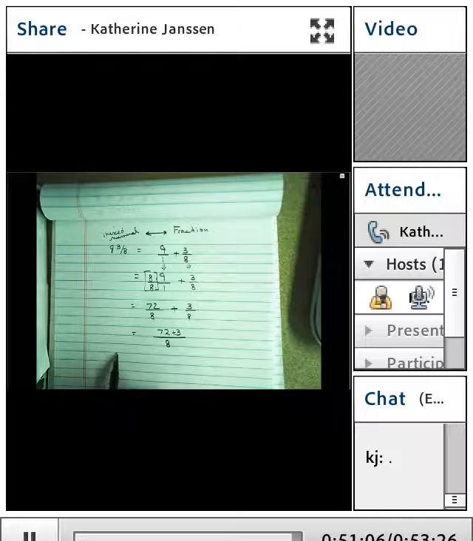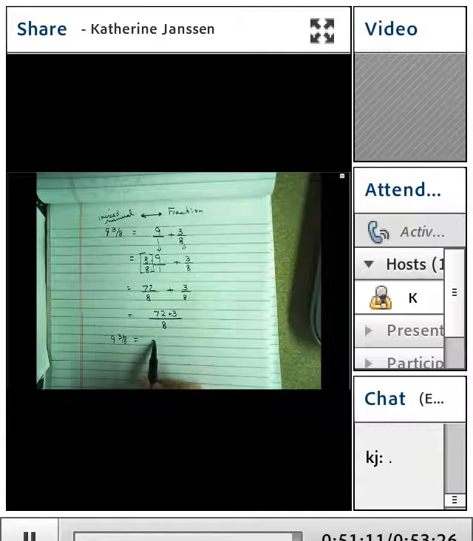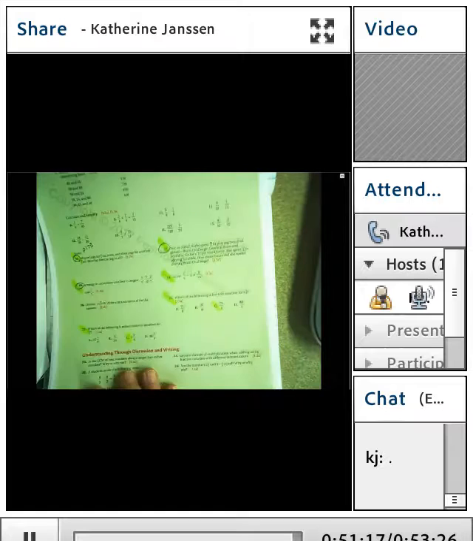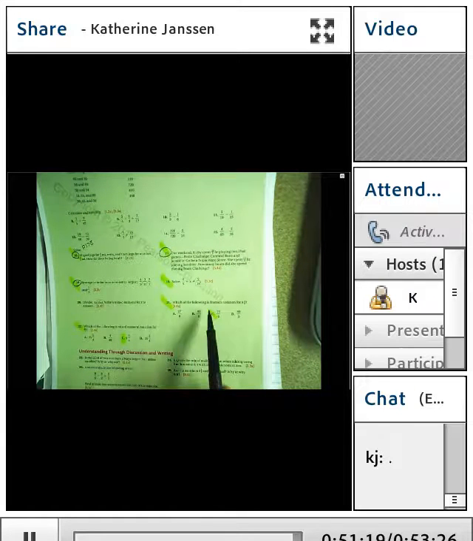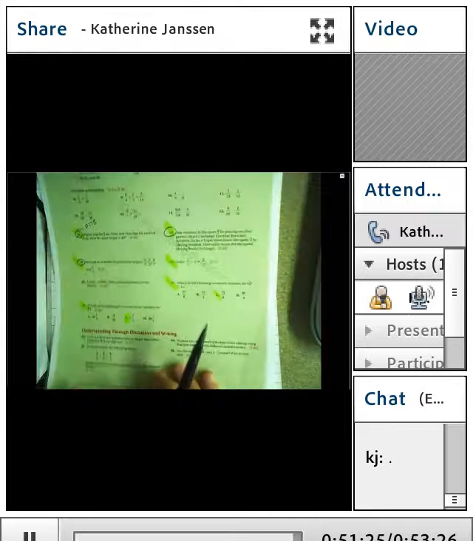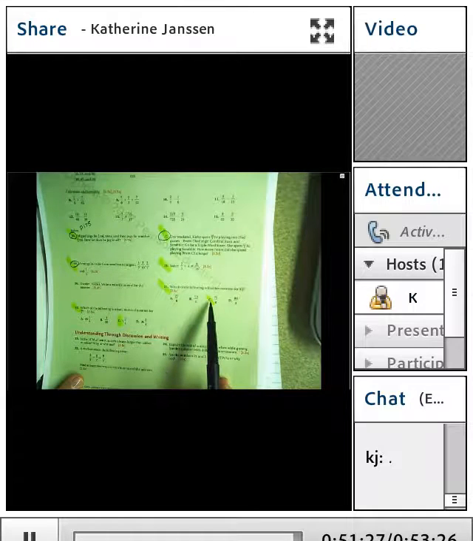So 9 and 3/8 in mixed numeral format is equal to 75/8 in fractional format. Now this, at my math lab, is an example of a multiple choice question. And we have 75/8 as our answer. So we're going to want to indicate, in this case, option C, 75/8.